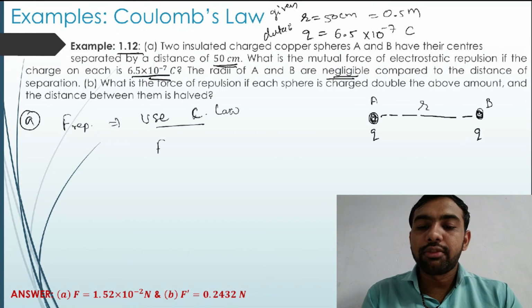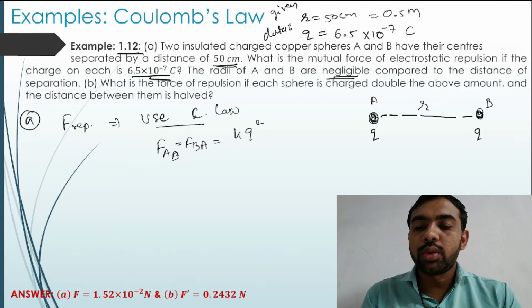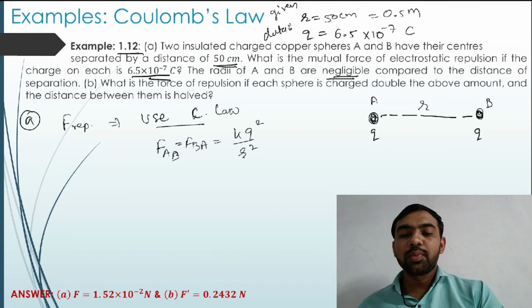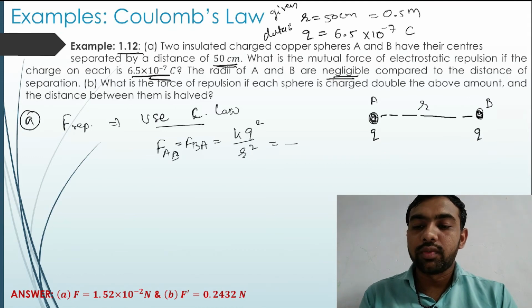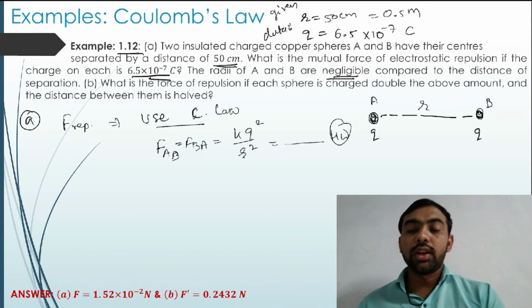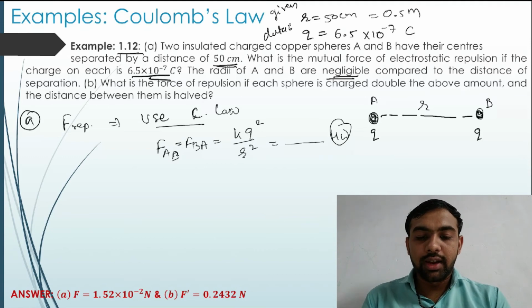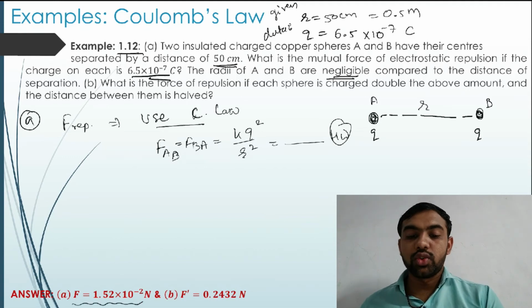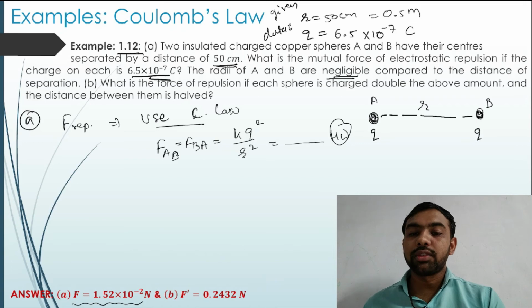F A B is equal to F B A is equal to K Q square upon R square. Simple equation, K Q1 Q2 upon R square. So K is known, Q is known, R is known. The remaining task is homework. Your answer will be about 1.52 into 10 raised to minus 2 Newton. So try to solve this example by yourself.